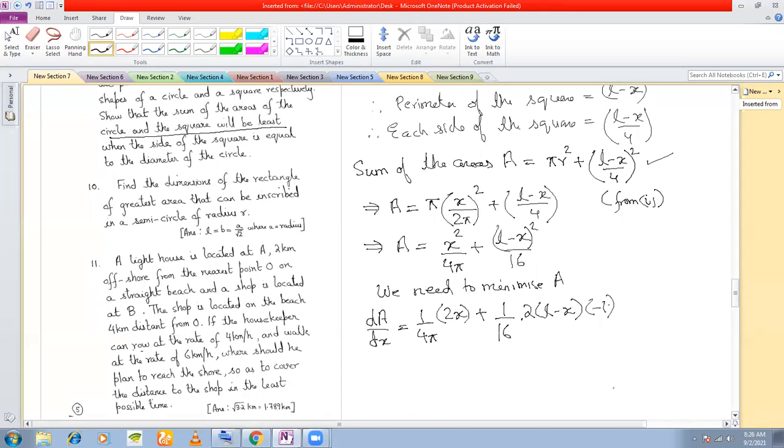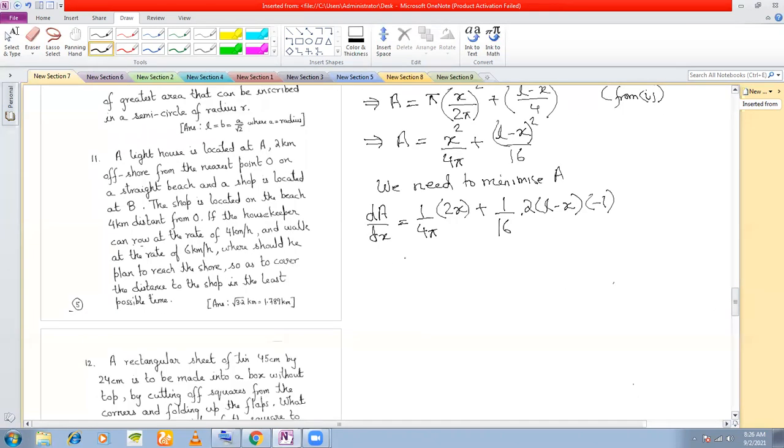So this will cancel here, and you will get x by 2 pi, and this again will cancel, 8 times, minus (L minus x) divided by 8. This is what you are getting as dA/dx.